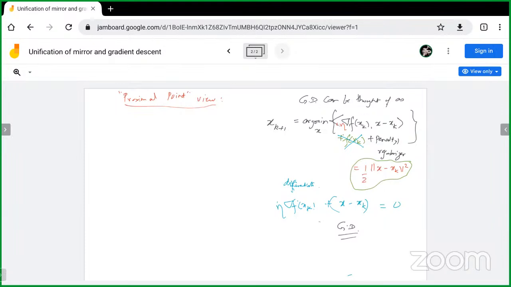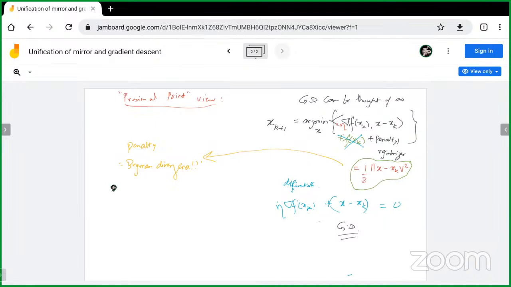So use a penalty which is the Bregman divergence. Okay, so let's see what happens now. So what's the algorithm?